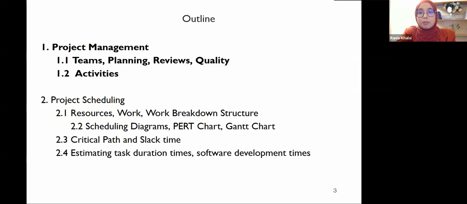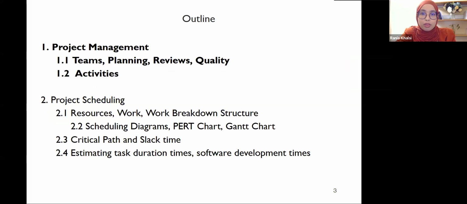Okay, in this chapter, we will mainly be covering different aspects of project management, including defining what we mean by project management in general, and going through all the steps of project management.